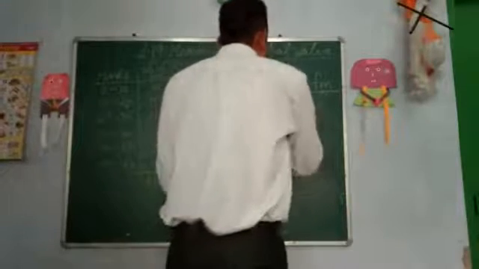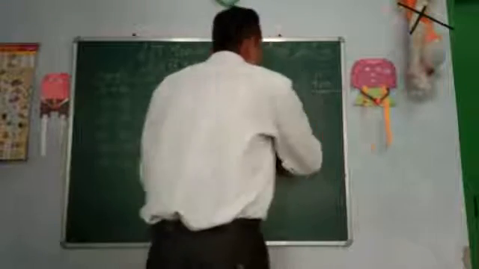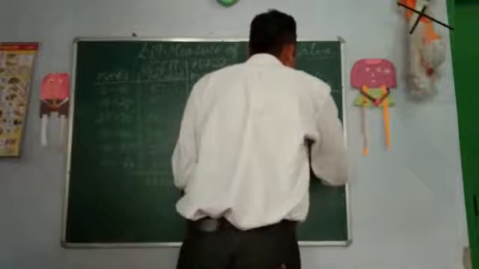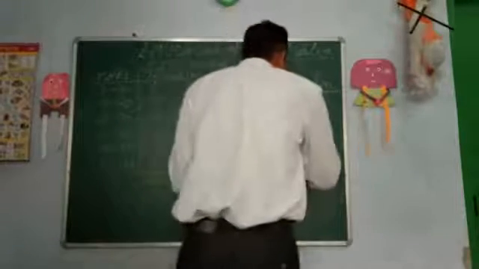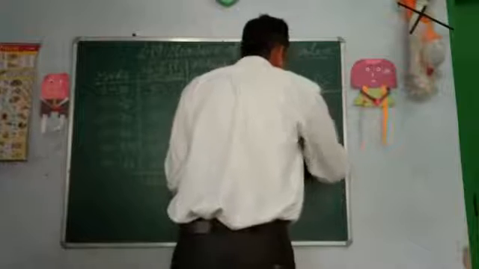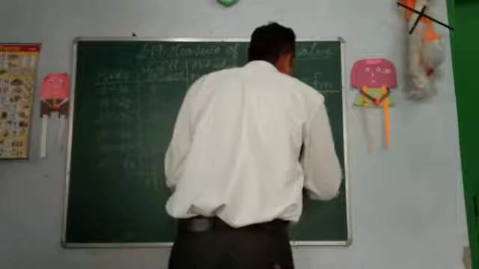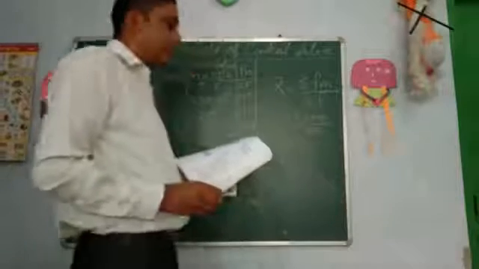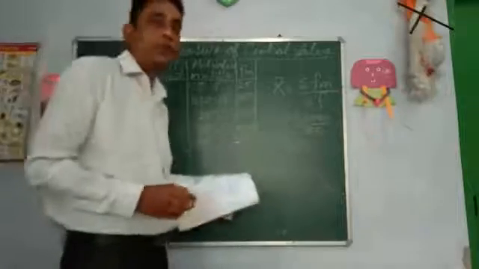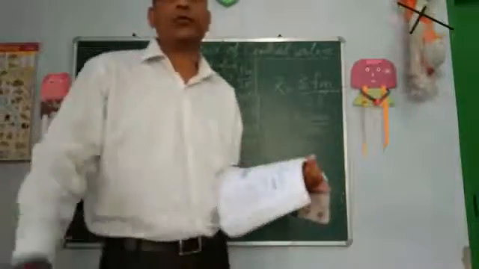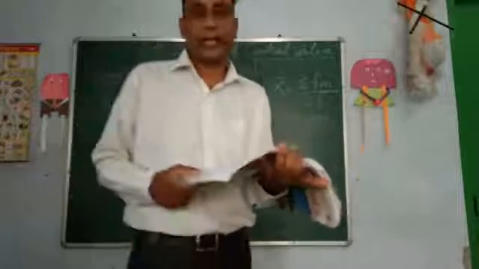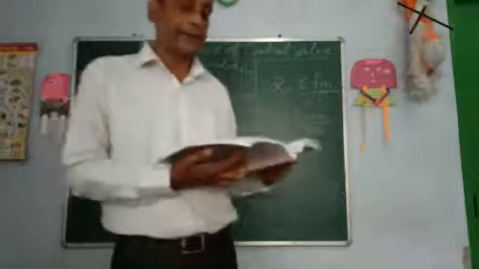So it would be sum of fm, 3300, divided by sum of f, 100. So 33 will come as the answer. So average marks of a student is 33. Okay, so this is direct method.